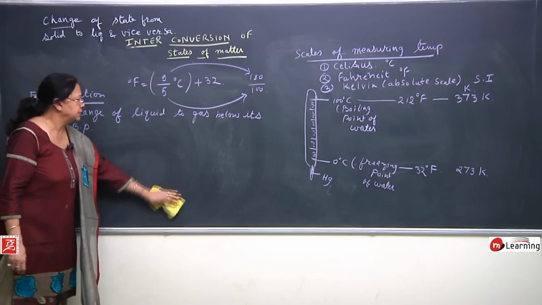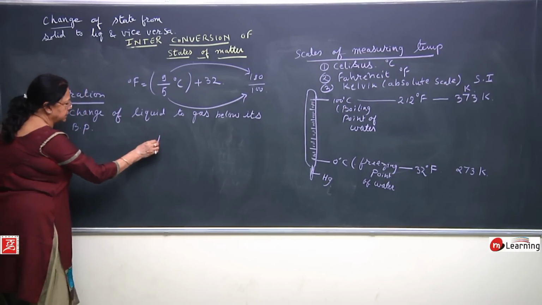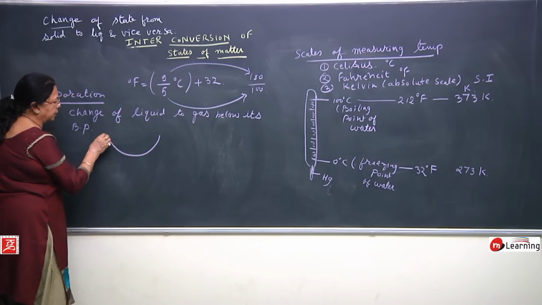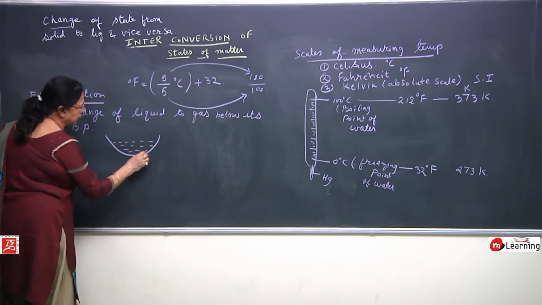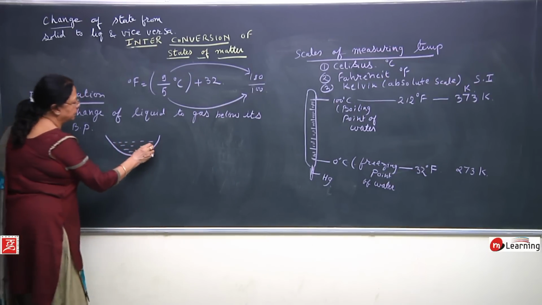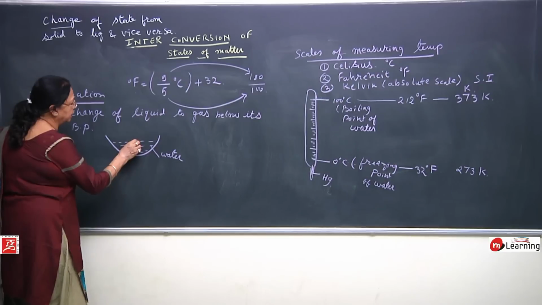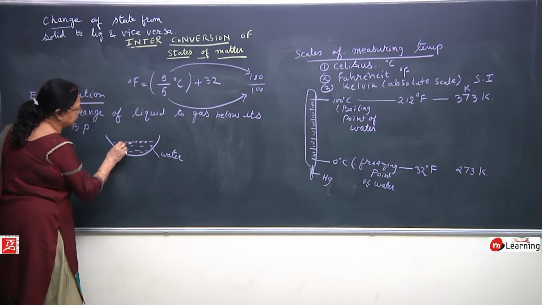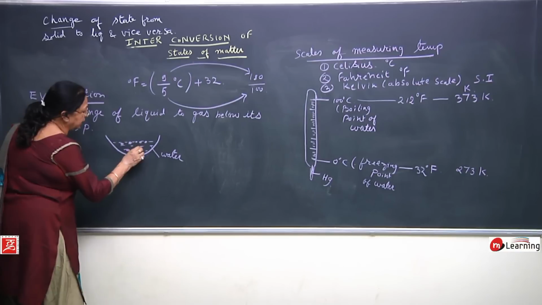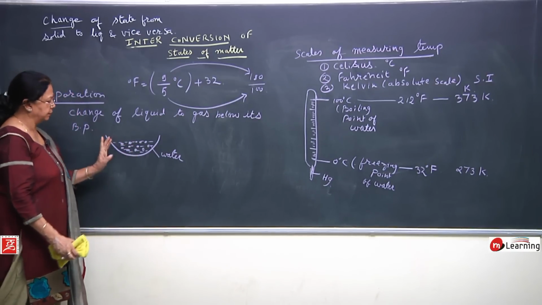Now try to understand, children, how this evaporation takes place. Suppose this is a container in which I have kept some water. This is water, and this water is having particles a little far away. These particles are continuously in motion, they are continuously moving.